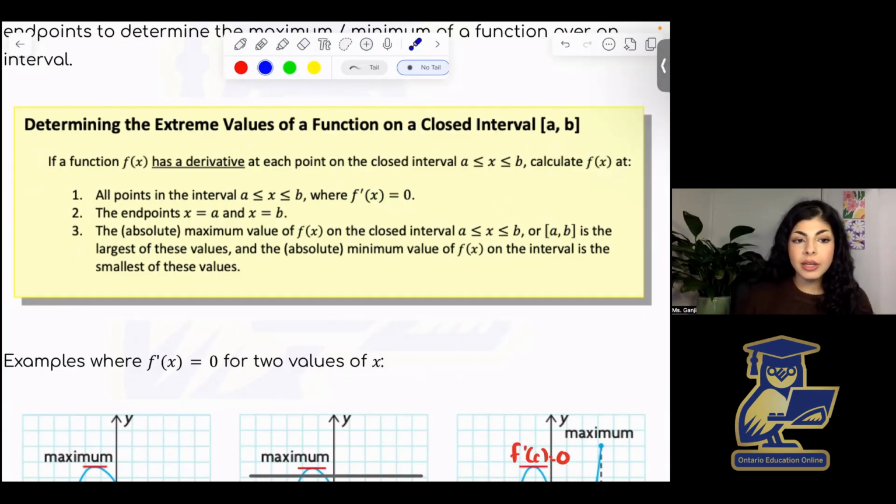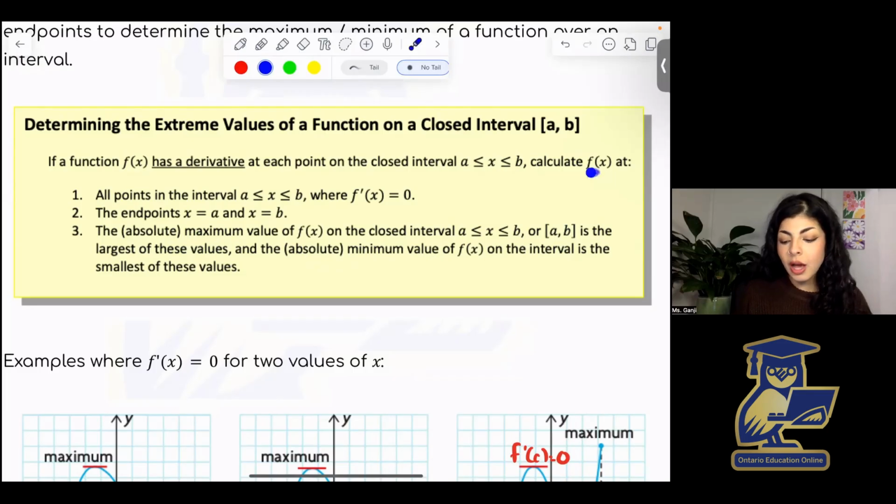We can finally conclude the absolute maximum value on a closed interval, and the closed interval is also shown with the square brackets a and b because of the inclusivity. The absolute maximum value is the largest of these values, and the absolute minimum value is the smallest or lowest of these values on that interval, which again could be the endpoint or it could be one of the peaks or the valleys.